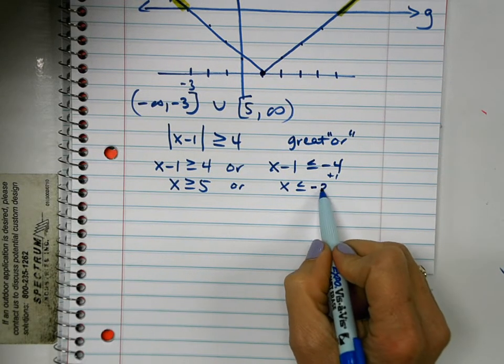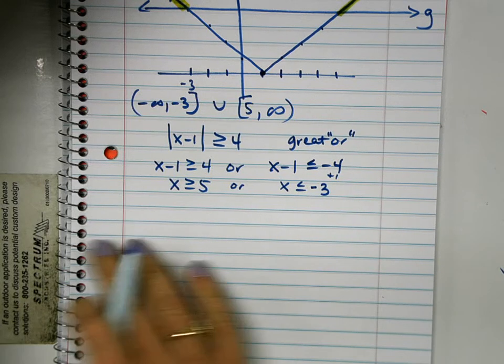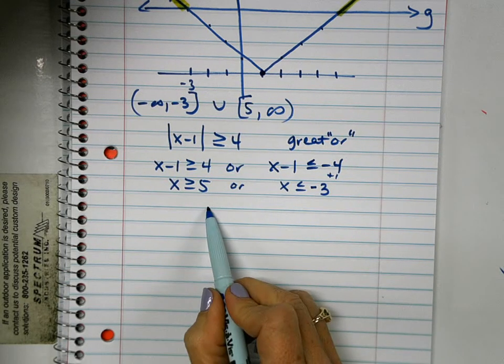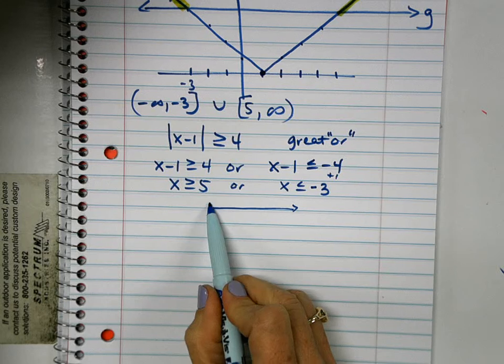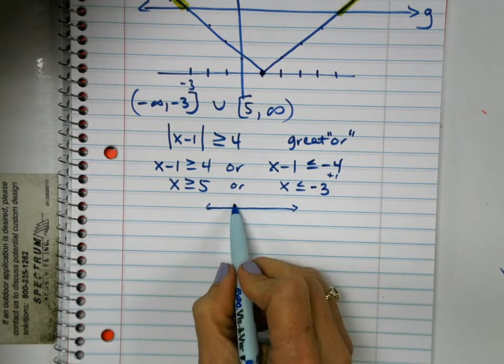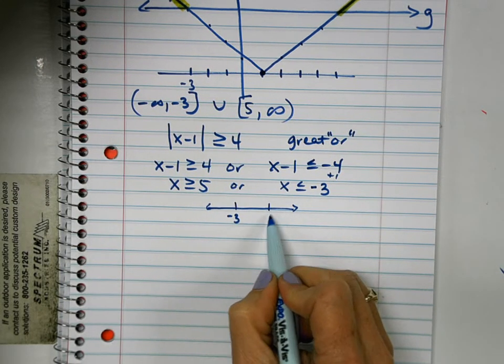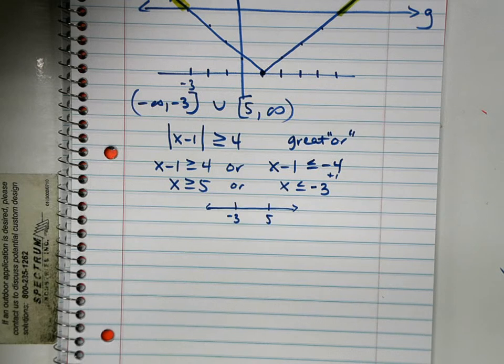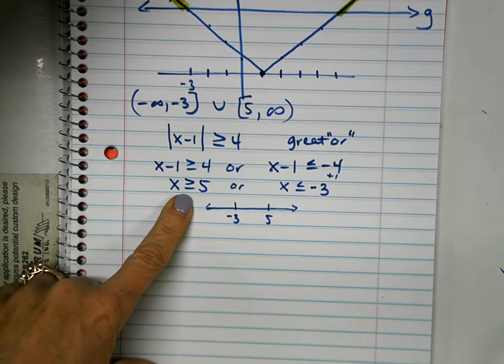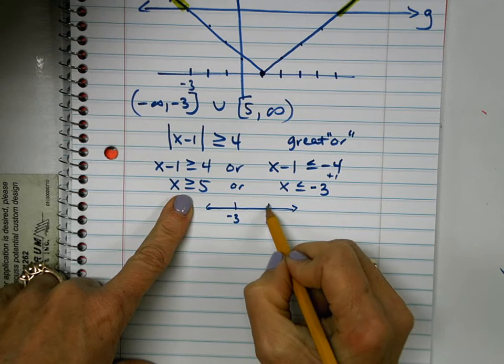-3. Okay, so you're going to get to this point and they're going to ask you to graph it. If I graphed this, put them in order, -3 would come first, 5 would come second. If I graphed everything greater than or equal to 5, I'd put a big solid dot at 5 and I'd sketch everything to the right.